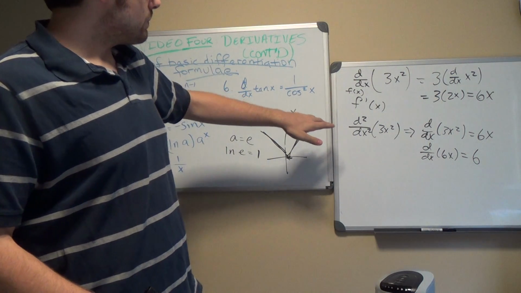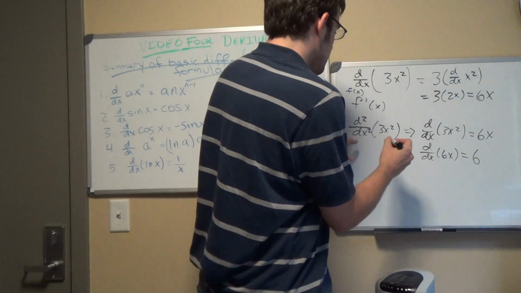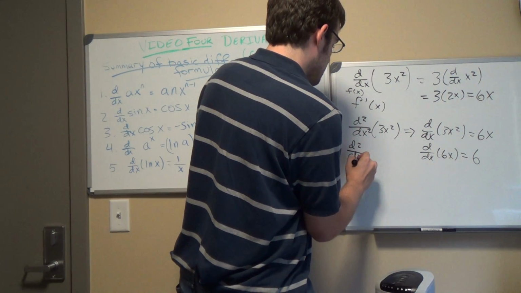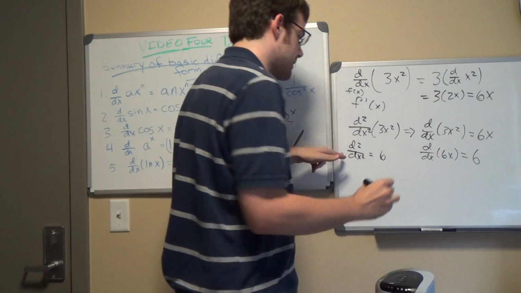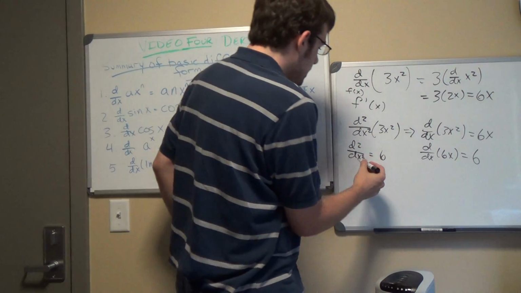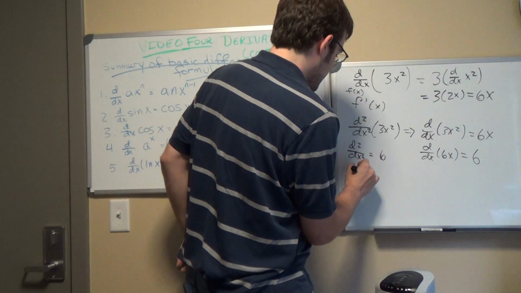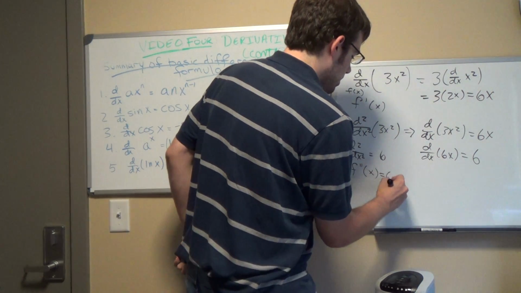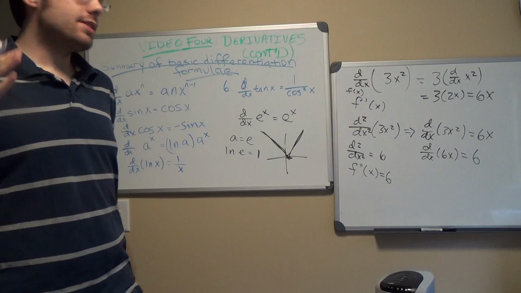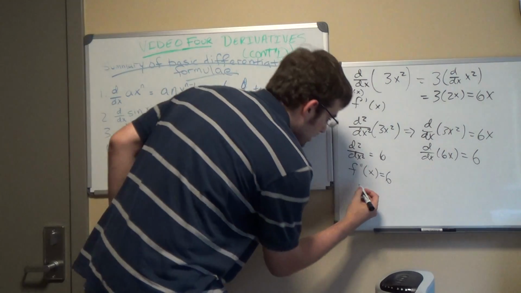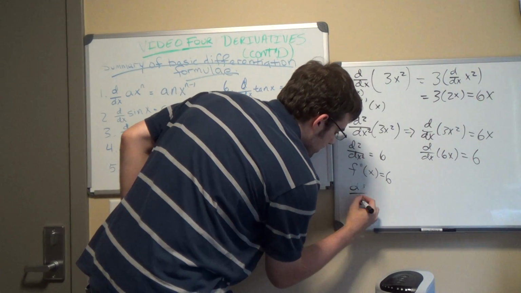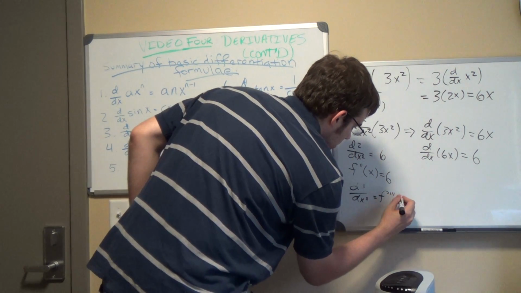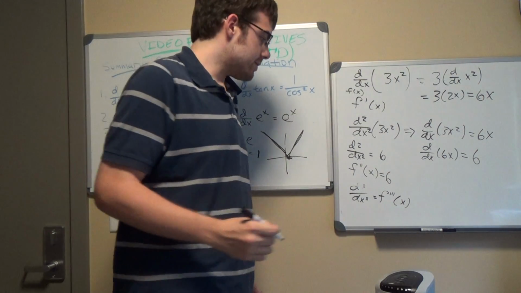So the second derivative, d squared dx squared, equals 6. And another way that we can write this is f double prime of x equals 6. Now if we want to find a third derivative, d cubed dx cubed equals f triple prime of x.